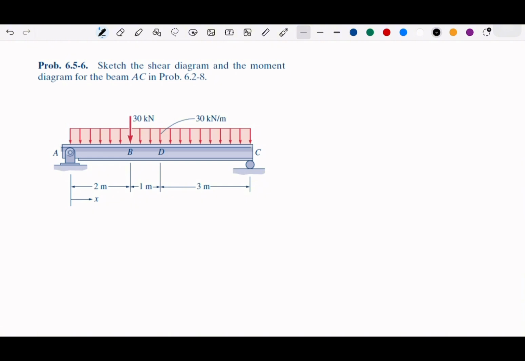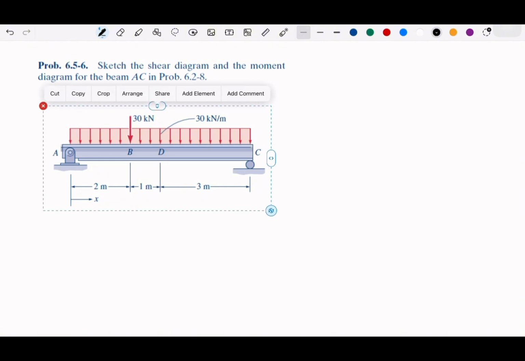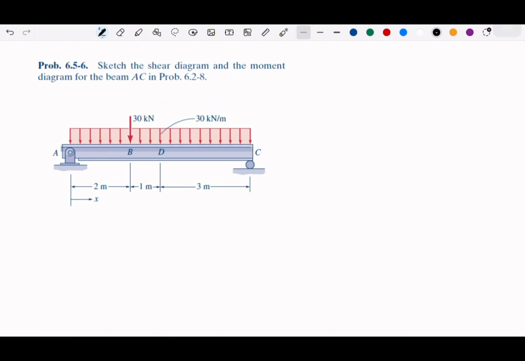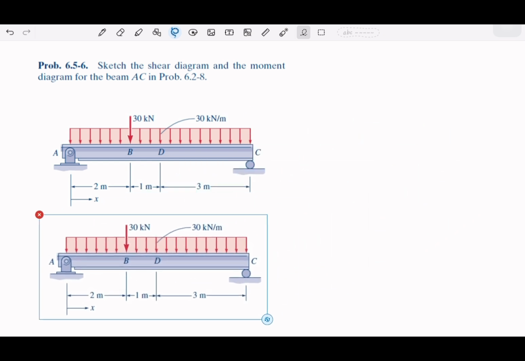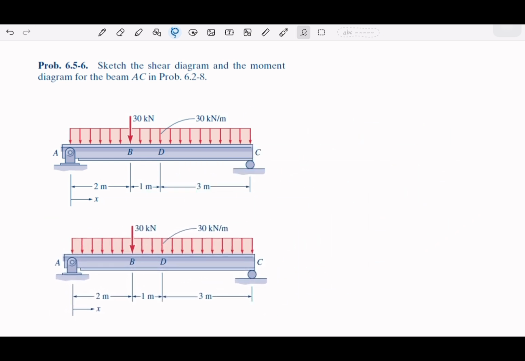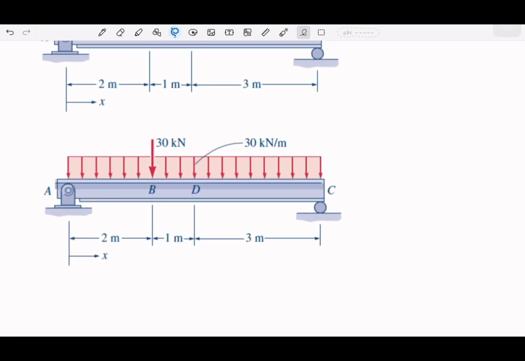So first thing is we can find the equilibrium. Let me copy this for a while, just to show you the equilibrium. So we have a rectangular shape of distributed load.